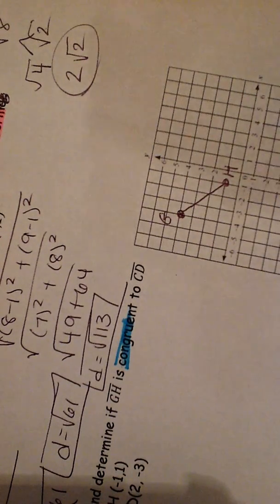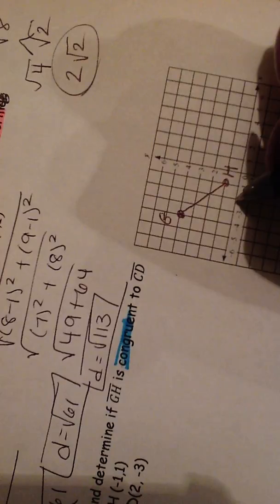I'm now going to do the same thing with C and D. Negative 2, negative 5, and 2, negative 3. Oops, and I'm forgetting to label, and you can't see. So let's do C is going to be here, and D is going to be here, and I'm going to connect my dots. So my goal is I want to know if this is congruent to this. That's my goal. All right?